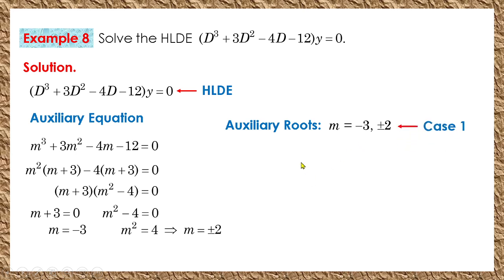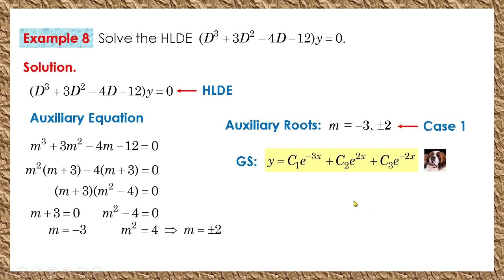So what is the general solution? y = C₁e^(-3x) + C₂e^(2x) + C₃e^(-2x). See how case 1 is applied in solving this DE. Okay, guys?